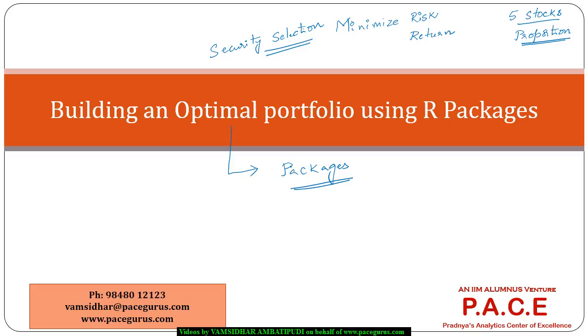Now moving forward, whenever we talk about a portfolio or optimization of the portfolio, we know that it is primarily based on the concept of correlation between the various products, and this correlation is going to reduce the risk.